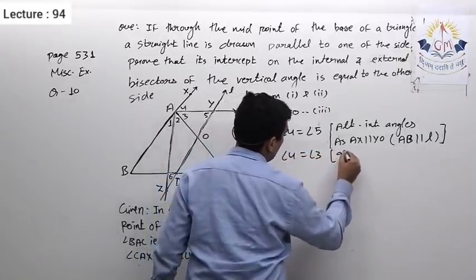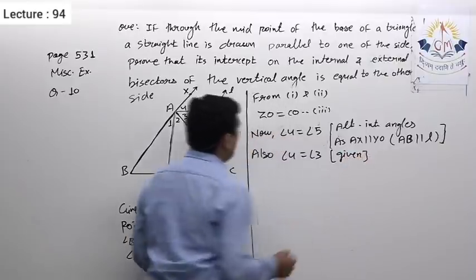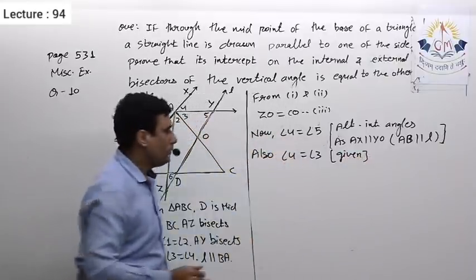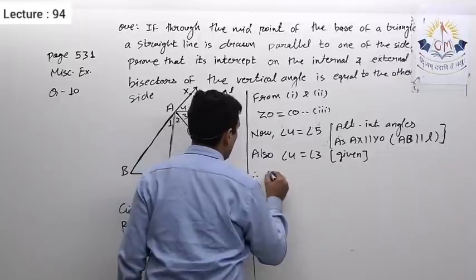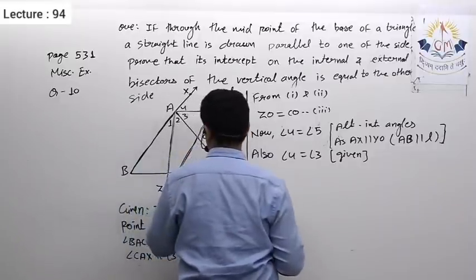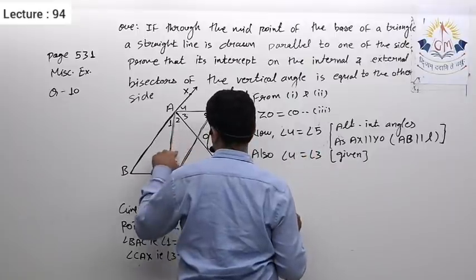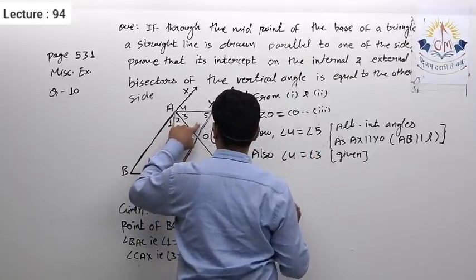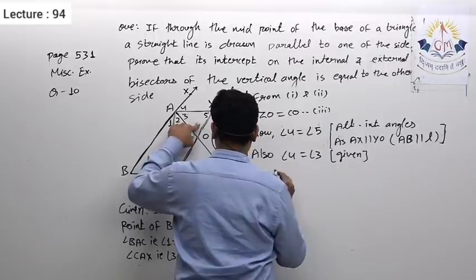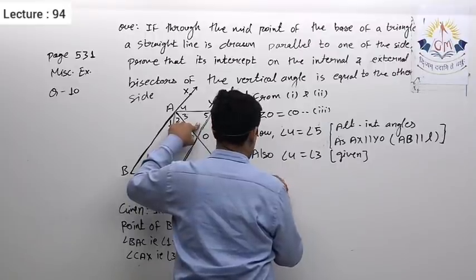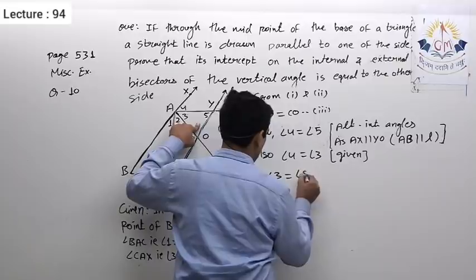Why? It is given. So 4 equal to 5, 4 equal to 3. Therefore, angle 3 equal to angle 5.